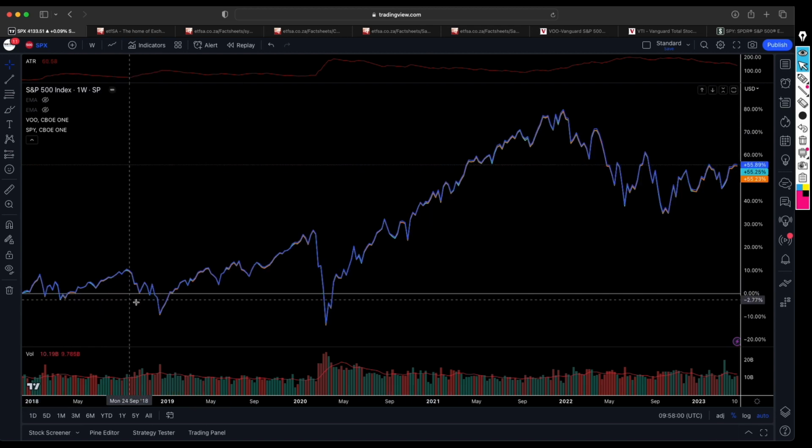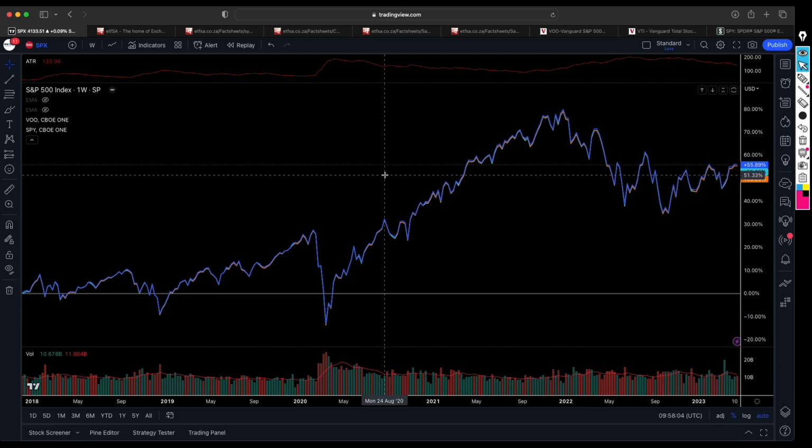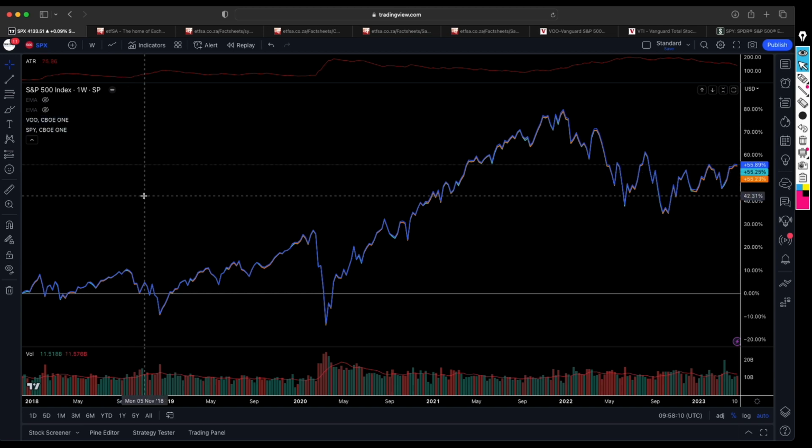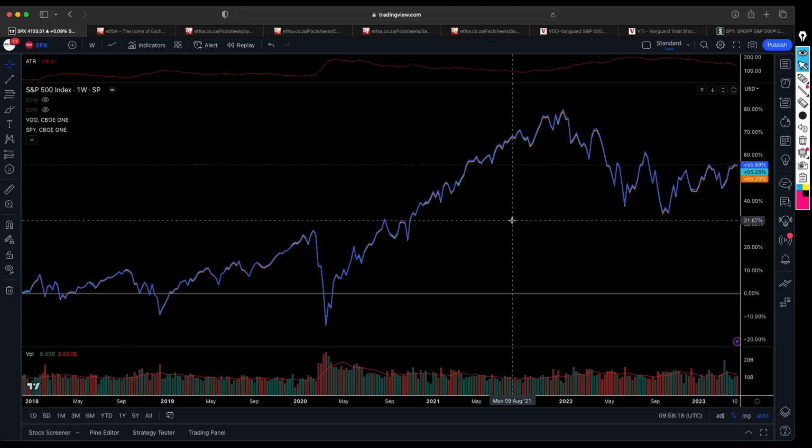Then you can see that they follow each other nicely. So based on this, it doesn't matter whether you invest in the VOO or the SPY. The only difference in this case is the value of each ETF and also the total expense ratio of each ETF. But in terms of price, it shows that it is moving up nicely.